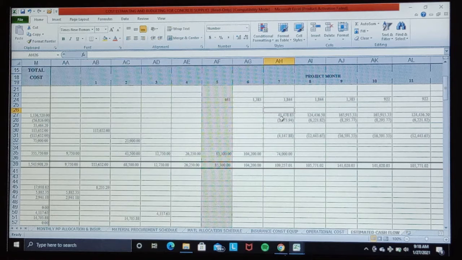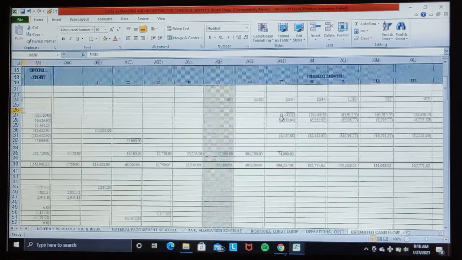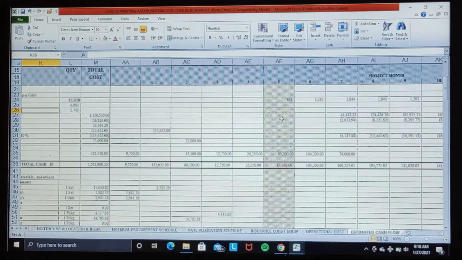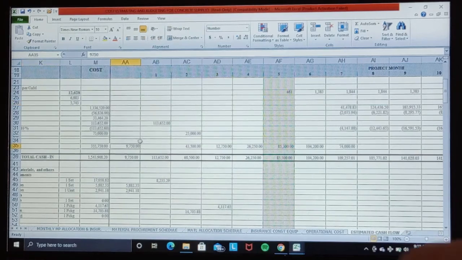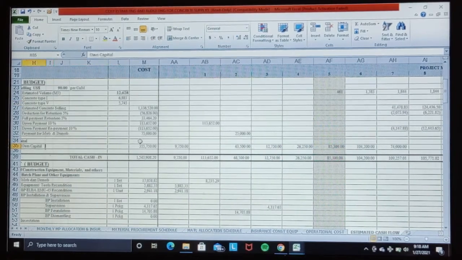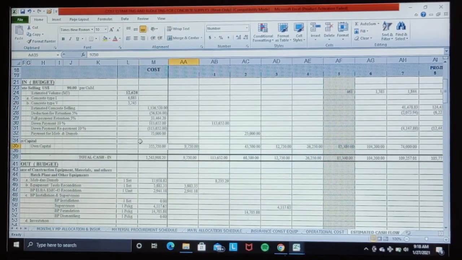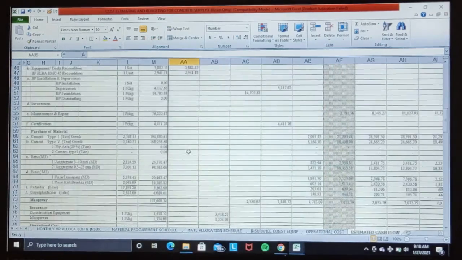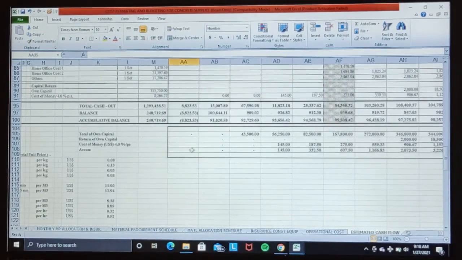However, due to project cycle, when the cash flow condition is minus, I already added own capital to this section, but when I delete this item, the real condition of the cash flow is minus 8,823.